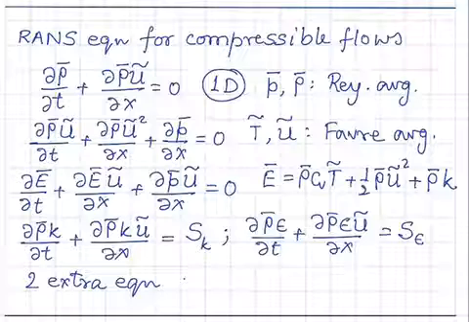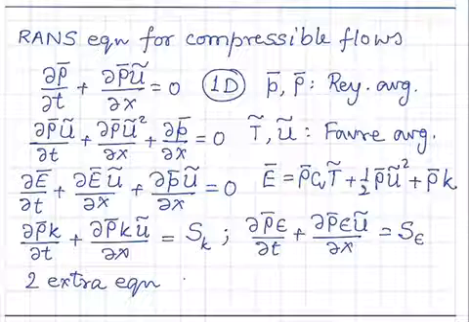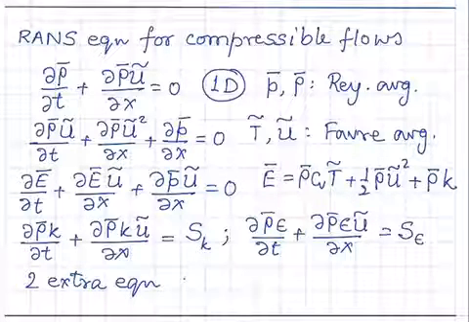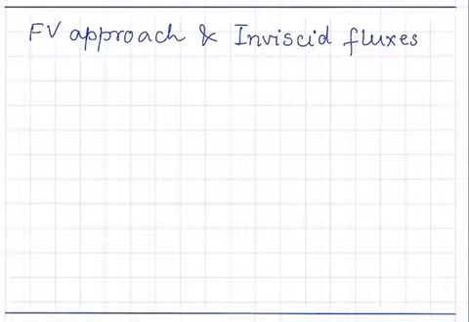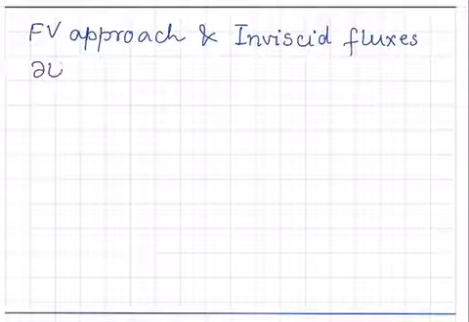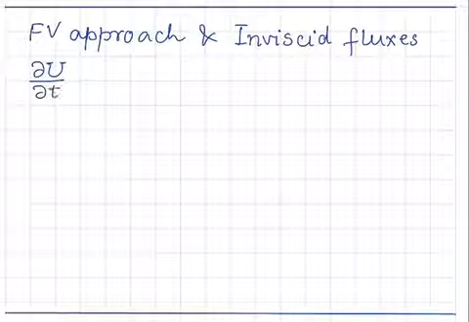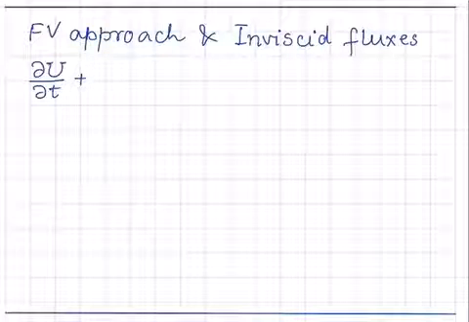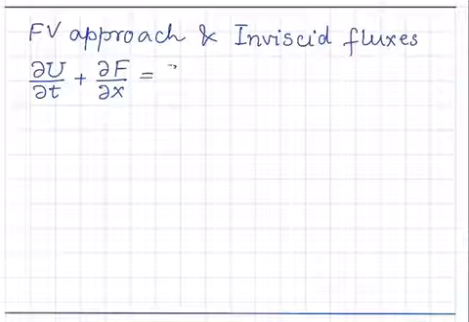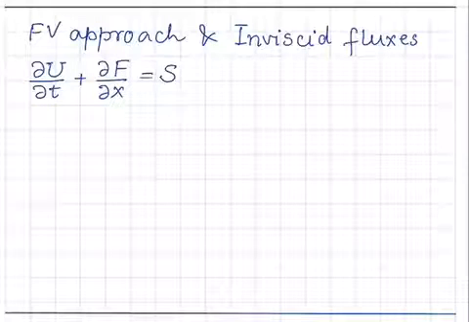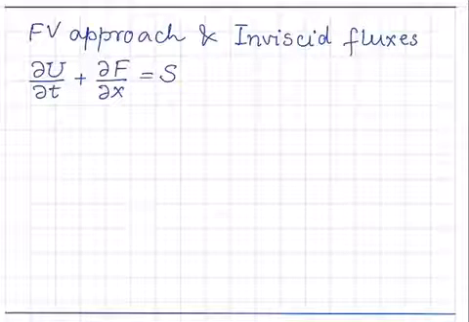Okay, so now we will move ahead to see how to discretize these equations and solve them. We will follow a finite volume approach, in which we write the equations in a more compact form in terms of the derivative of the U vector with time, and a flux vector derivative with respect to x, equal to a source vector, which will have the source terms for k and epsilon.